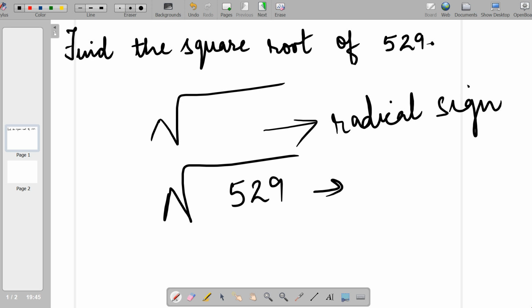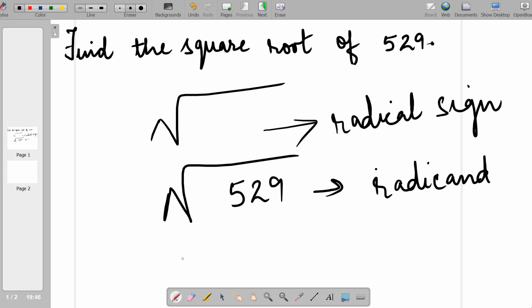Any number written inside this radical sign, like in our case 529, is known as the radicand. The radicand is the number whose square root you have to find. You should be aware of these two things.